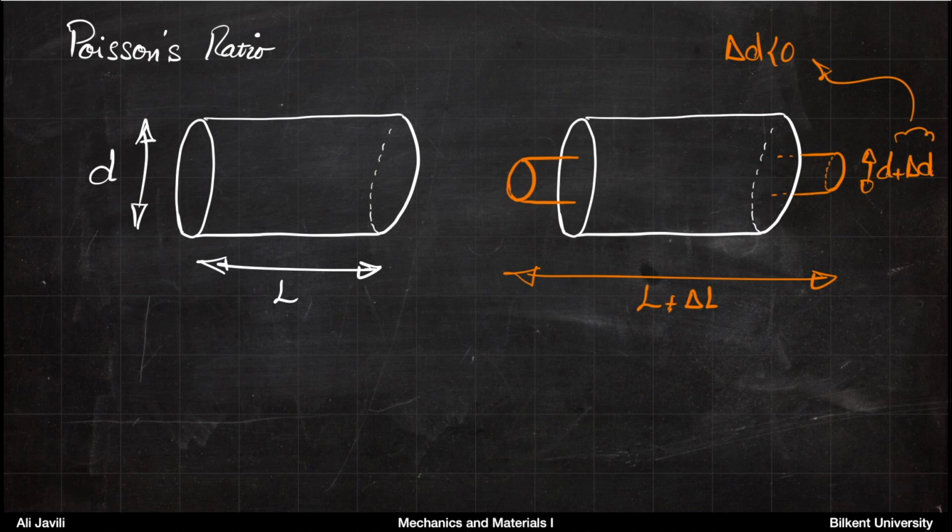If you have a bar and you elongate the bar in the direction L, so you get L plus delta L, such that delta L is positive, you can imagine that in the other direction, although you do not apply any force, you get a contraction.